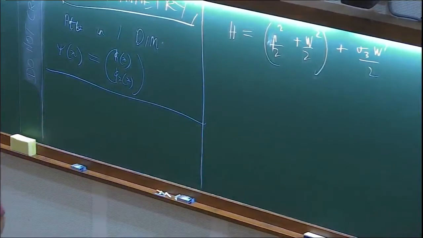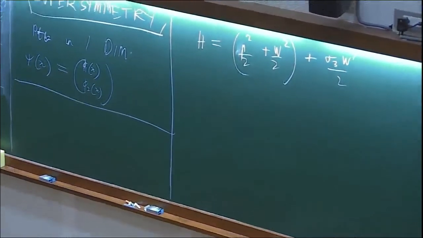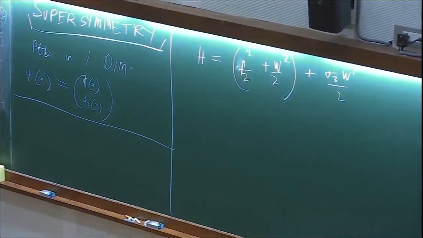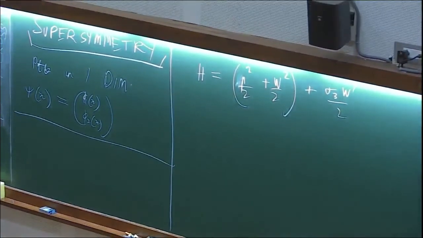So we've got a two-component particle moving in one dimension, and its Hilbert space, which is subject to this Hamiltonian. This looks like the kind of problem you could study in Schiff.